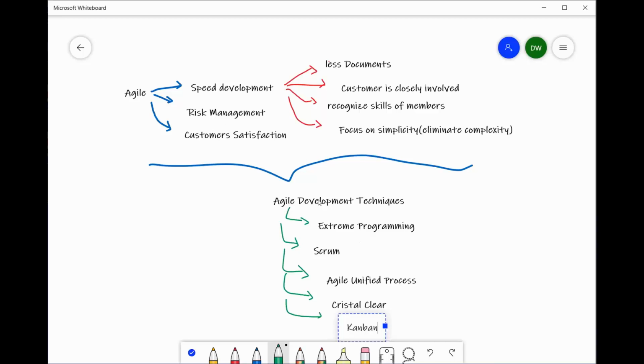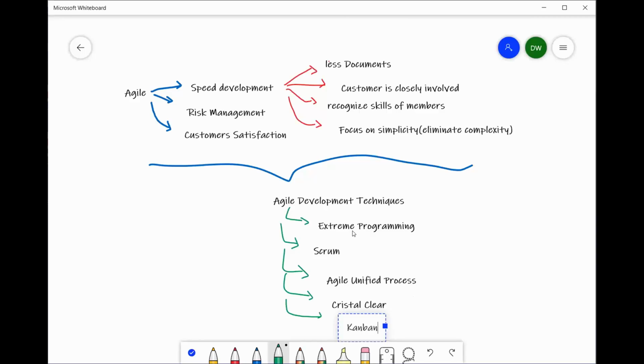That's why we say these are agile development techniques. In your LMS, they have mentioned extreme programming and Scrum. They describe these two, and maybe in future lectures you will learn about Agile Unified Process, Crystal Clear, and Kanban. So today we are going to talk about extreme programming and Scrum.